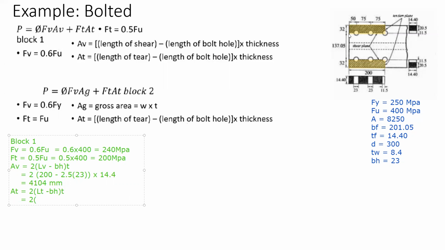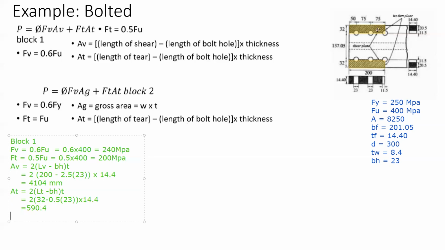So that is only 32 minus bolt hole natin. Dito ay kalahati lang. So that would be 0.5 times the bolt hole of 23. And we multiply it by the thickness of 14.4. So At natin dito is 590.4.